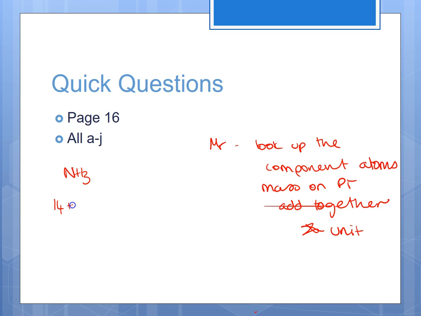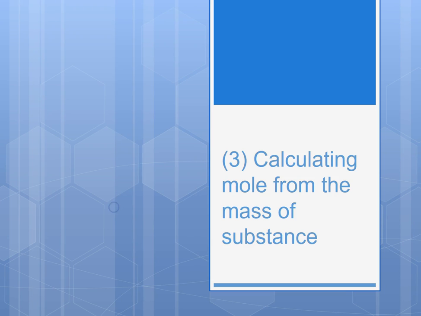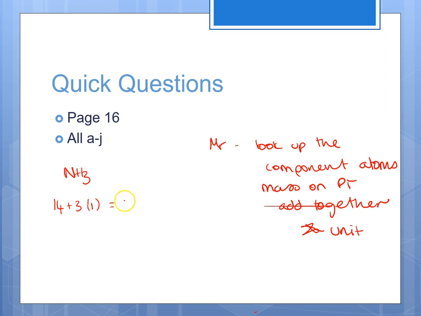Then we would add 3 lots of hydrogen to it, which is 1. Altogether we would have 17. Because it's a molar mass, we must give it the unit: 17 grams per mole.